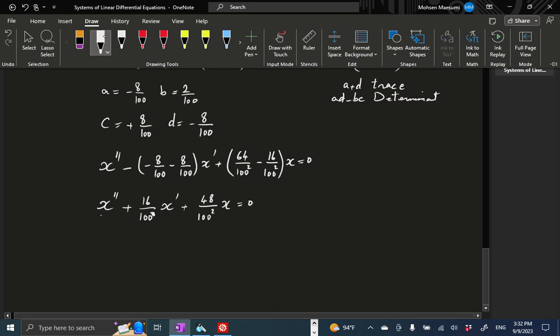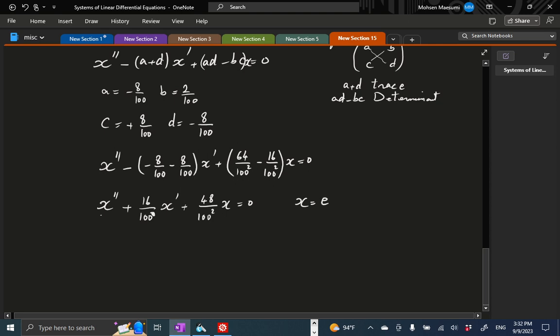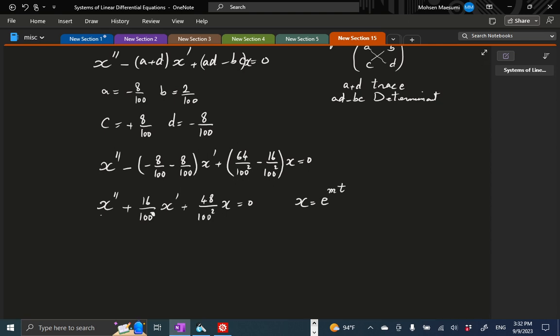That is, we are searching for solutions of the exponential type, like exponential of some mt. When you put this in the equation, you get m squared plus 16 over 100 m plus 48 over 100 squared is equal to 0. You factor this, product 48, sum 16, that's 12 and 4. Denominators are 100, or factor however you feel comfortable, equal to 0.